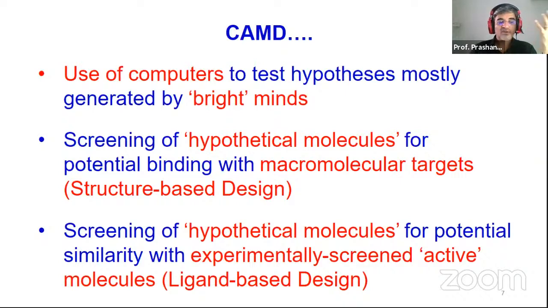So the possible stereoisomers would be around 2 raised to 10, so probably 1,000 stereoisomers, which are extremely difficult to make in the lab. In that case, what I can do is try and look for molecules which are simpler, but which have a similarity to the active anti-cancer molecule which has been experimentally screened.